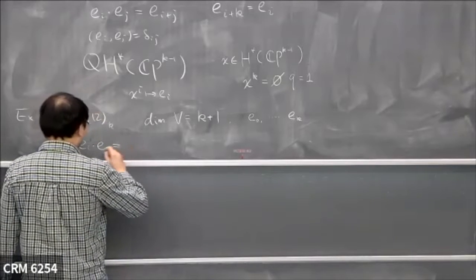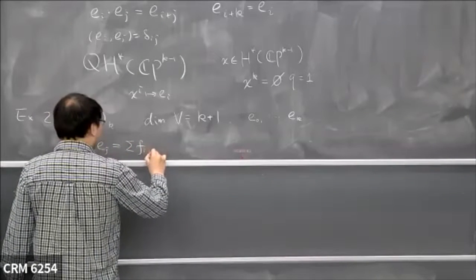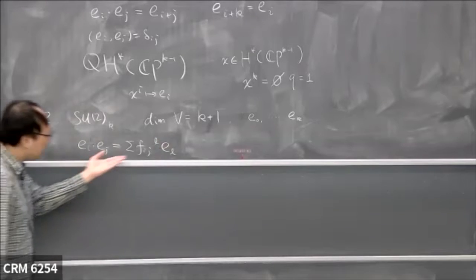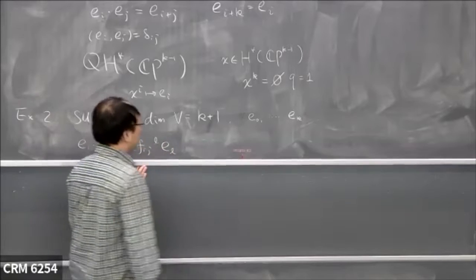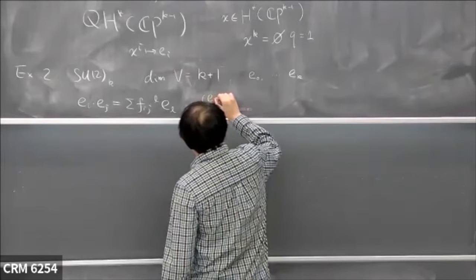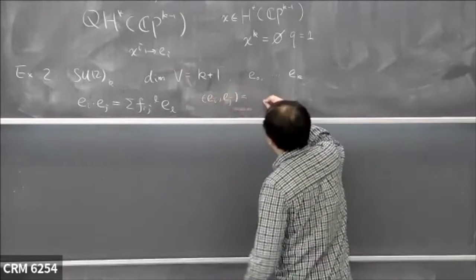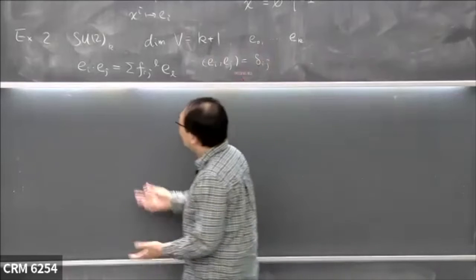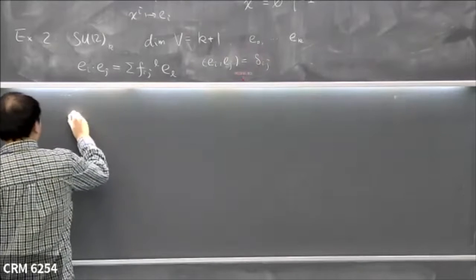So I will have a fusion rule given by F_ijl, summing over potentially a bunch of e_l. But the inner product is still such that this is delta_ij. So to describe for you what this commutative Frobenius algebra is, I just need to tell you what F is.